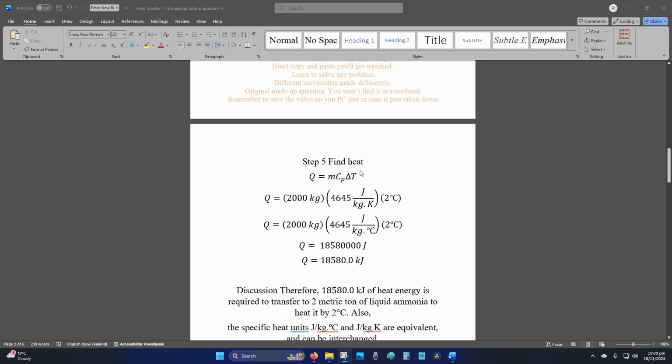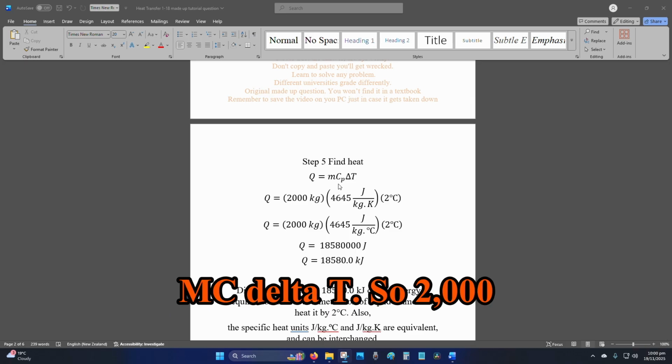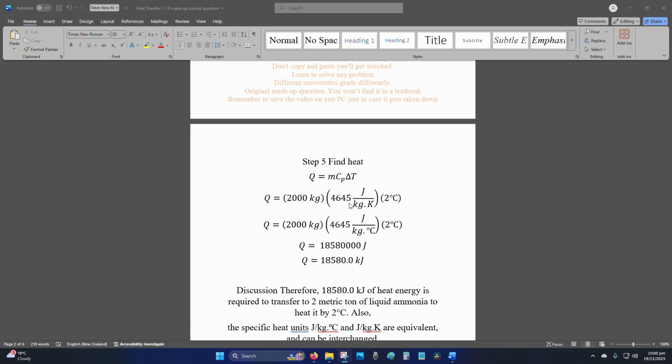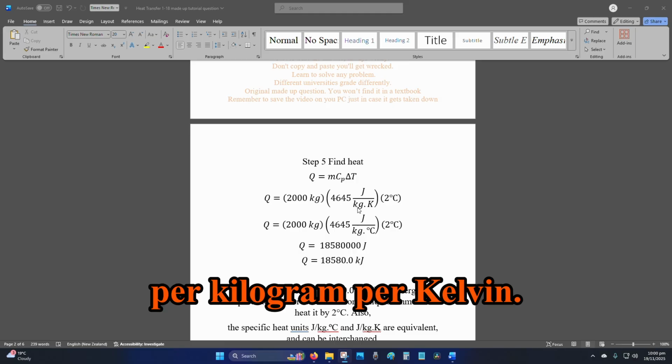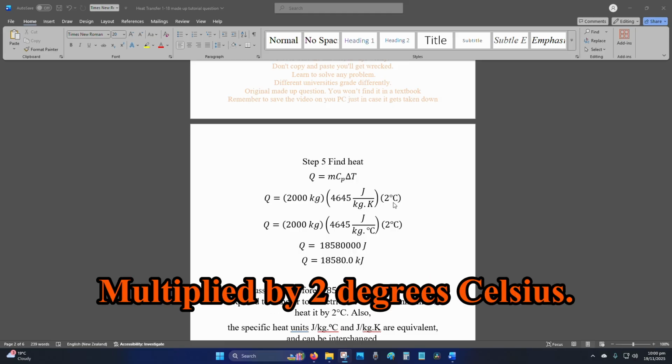So step 5, we now just plug and play. We multiply m c delta T, so 2,000 kilograms multiplied by 4,645 joules per kilogram per Kelvin multiplied by 2 degrees Celsius.